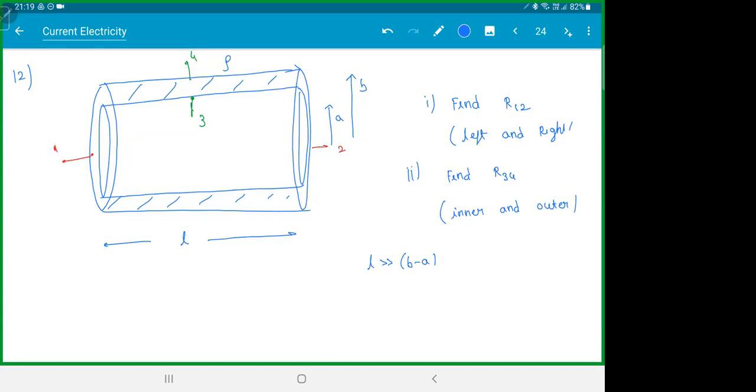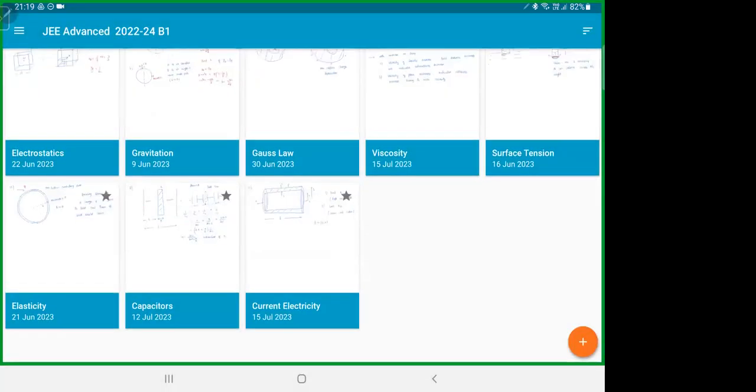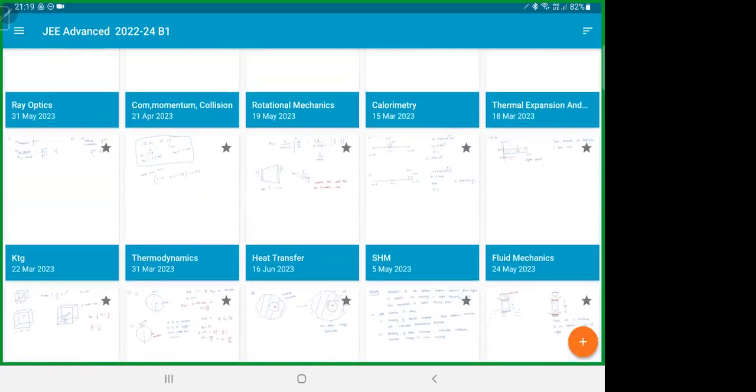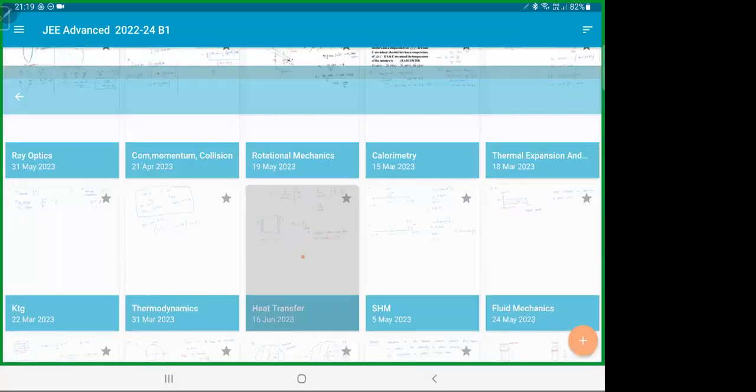If you connect a battery between the left and the right side, what is the resistance? If you connect the battery between inside and outside, find the resistance. Anyone confused with the question, please ask. And if you're wondering, we have done this in heat transfer.